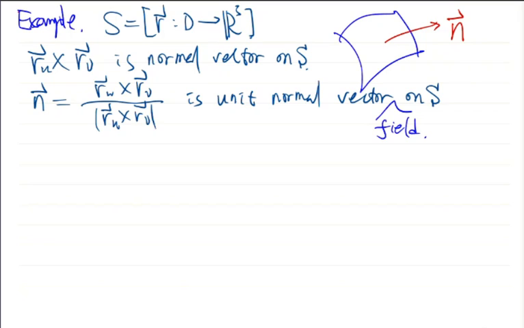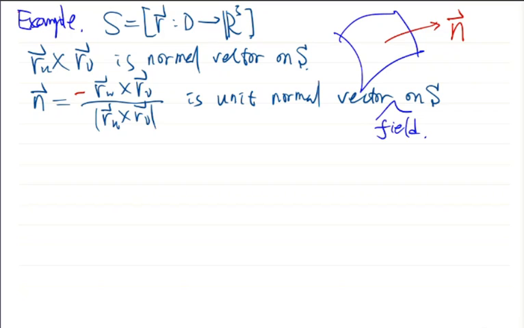So this argument means that every surface we considered is orientable, and an orientation can be given by this normal vector. Of course, you can also consider the reverse direction normal. Then this is another orientation. So a surface has two orientations.